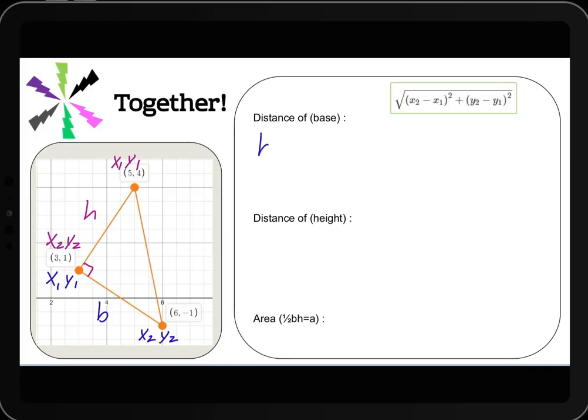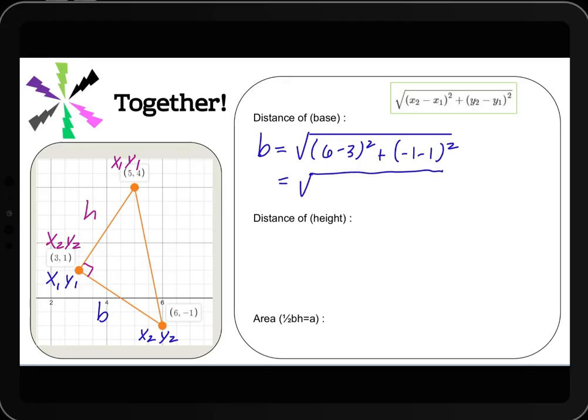So for the base here, I'll just call it b. That's going to be the square root, using the distance formula, of (6 minus 3) squared plus (-1 minus 1) squared. We can simplify that as 3 squared, and then -1 minus 1 is -2 squared.